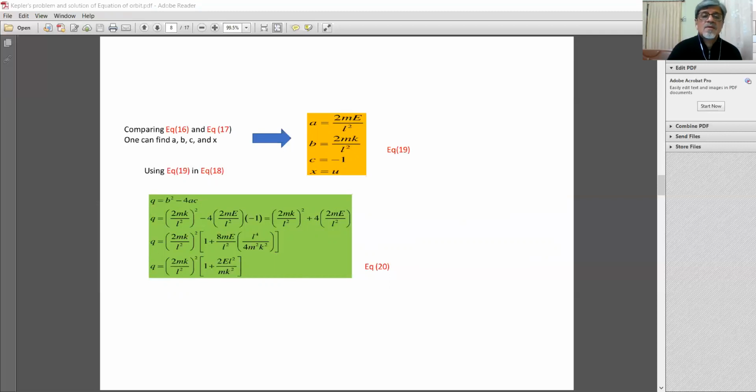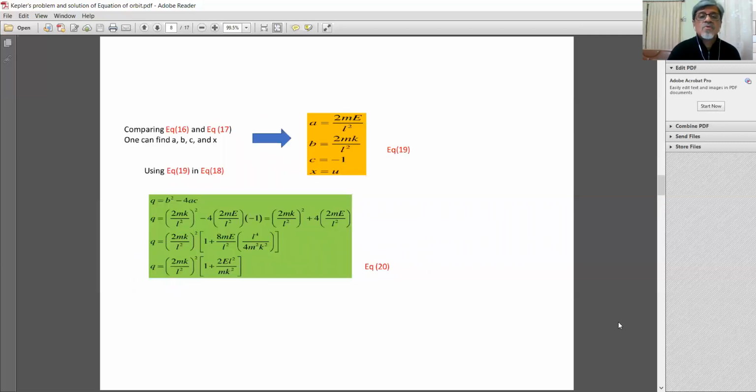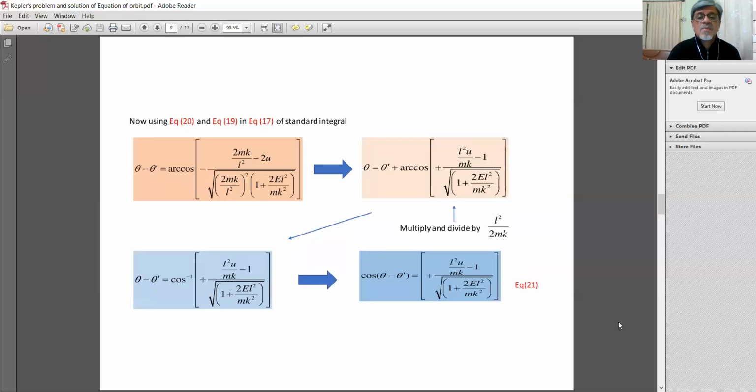Now next, coming to the next slide. Now equation number 20 gives the value of b square, and now we are coming to a new equation.